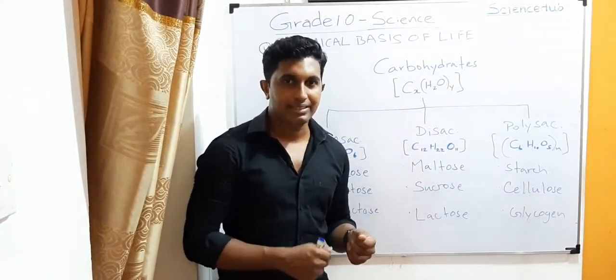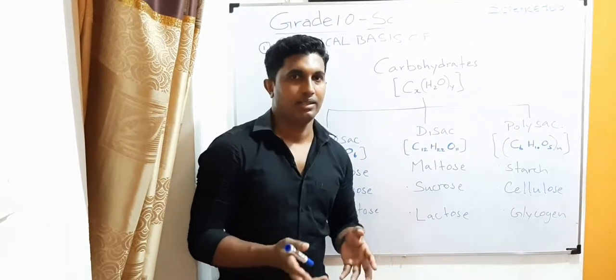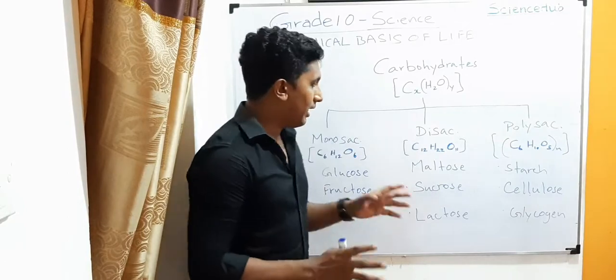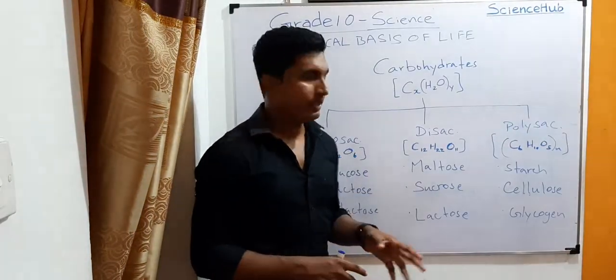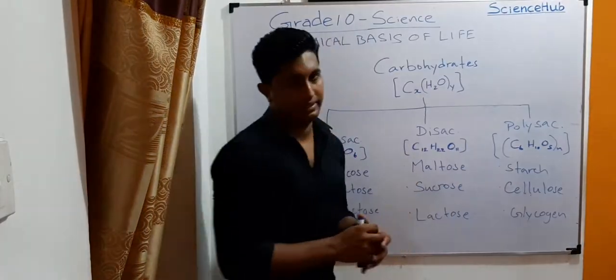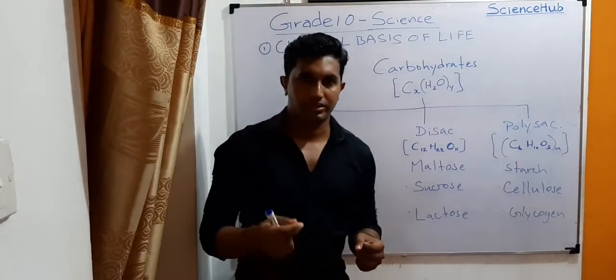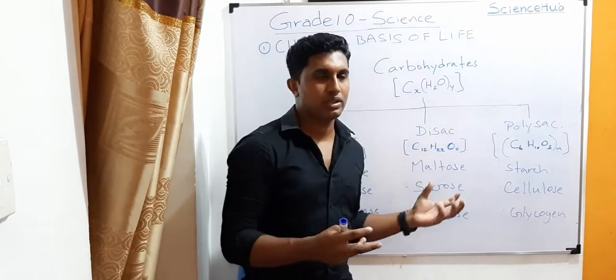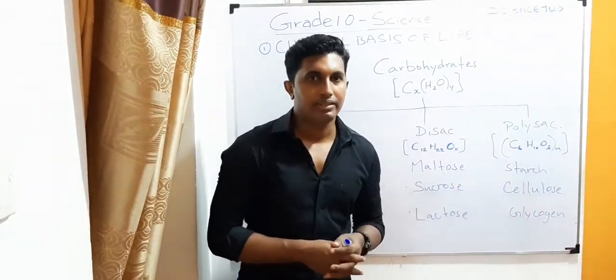Okay, now when we consider monosaccharides, they have some common characteristics: a sweet taste and crystal shapes. Those features are also in disaccharides. They also have a sweet taste and a crystal shape.